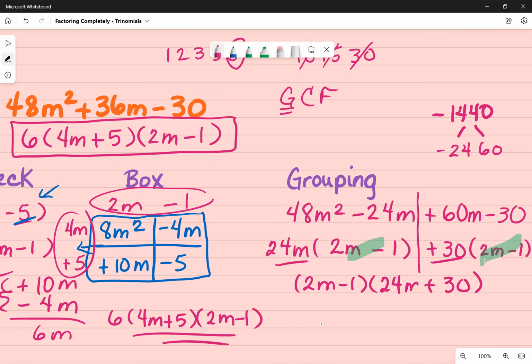What I should notice is, since I did not factor out my greatest common factor in the beginning, I can now do so now. I personally don't like to wait this late because you might forget. So the greatest common factor between those two is 6. 24m divided by 6 is going to be 4m, and then 30 divided by 6 is going to be positive 5, and then you still bring down your other factor, which is 2m minus 1.